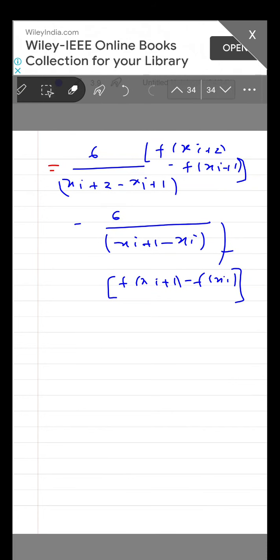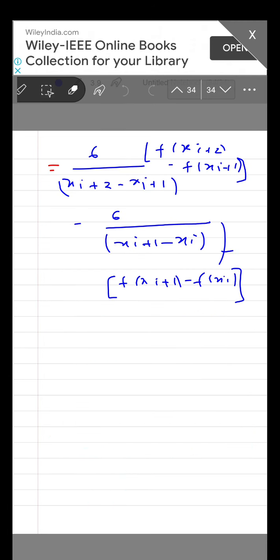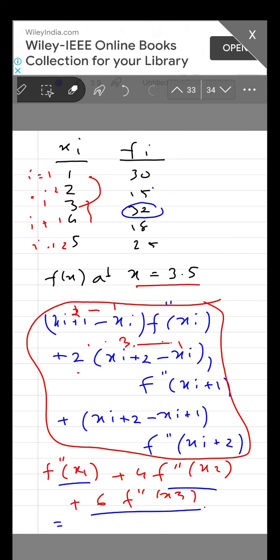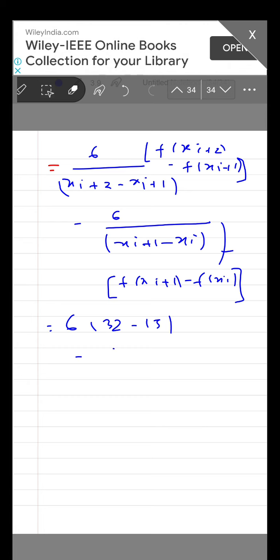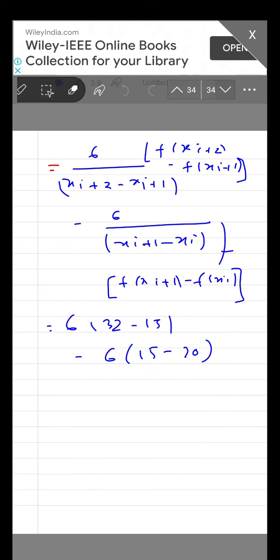So putting the previous values obtained here, we get this one as equal to 6 divided by 1 into (32 minus 15), because this is 32 and this is 15, minus 6 into (15 minus 30), because this is 15 and 30, and these intervals are all 1 or 2 values.